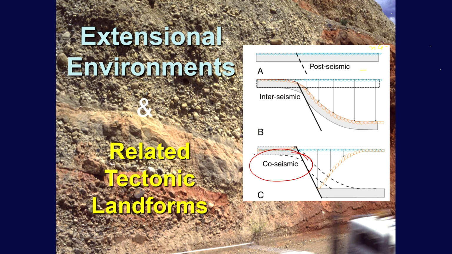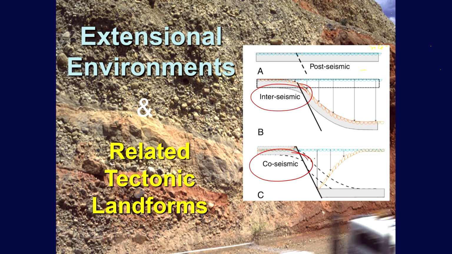Otherwise, the rest of the time is what we call the interseismic phase. Okay. So, co-seismic is a sudden displacement, either normal faulting or reverse faulting, and I did not explain, but I'll just tell that part also. The lateral movement is your strike slip environment.